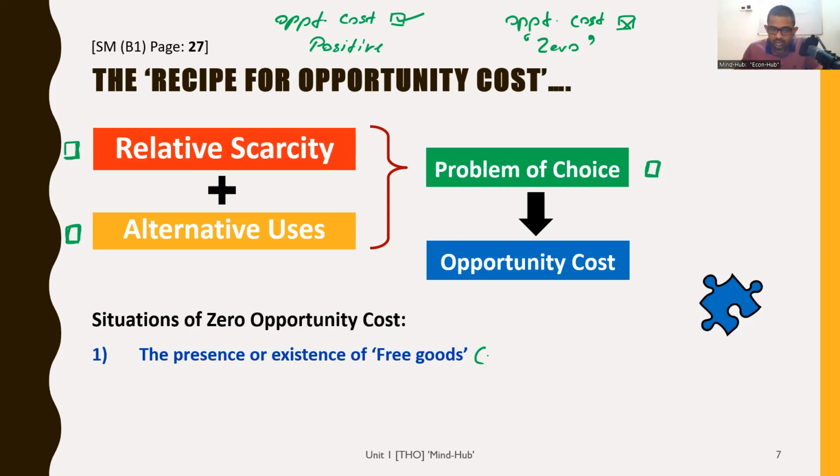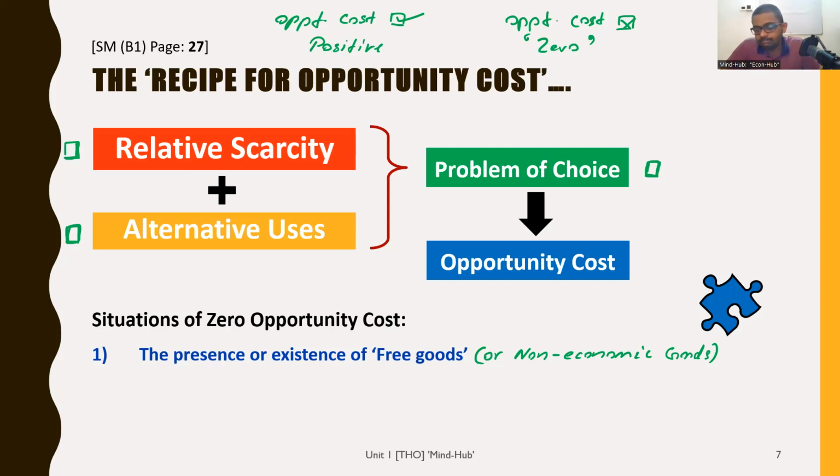We'll say free goods or non-economic goods. Free goods are also called non-economic goods. We are about to learn about them. We will touch on that, but for now, non-economic goods or free goods, right?